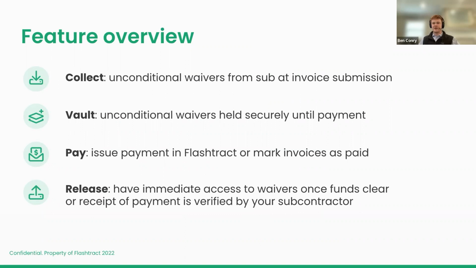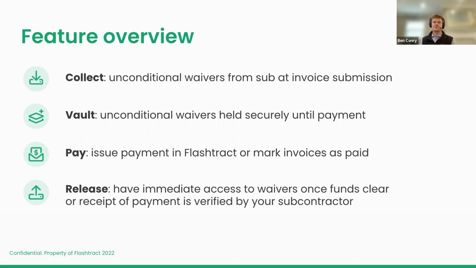So we're going to fill out that unconditional waiver for your subcontractor. They will sign it, and it will immediately turn into an unofficial copy. The official copy will actually get placed in our secure waiver vault. So this is where our unconditional waiver will be held until the subcontractor has received payment or has verified receipt of payment if you're not using Flashtract's ACH functionality.